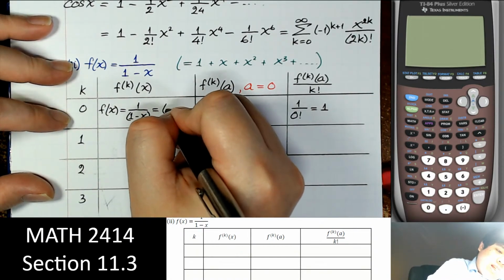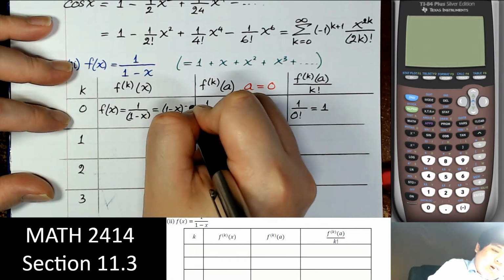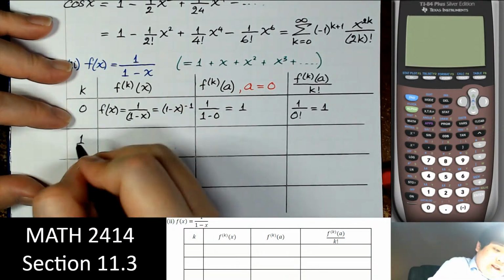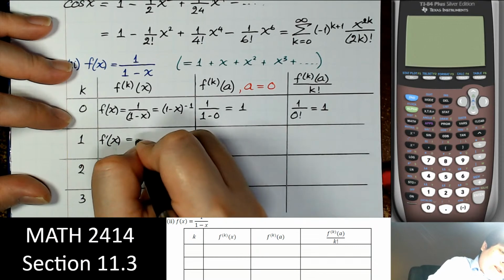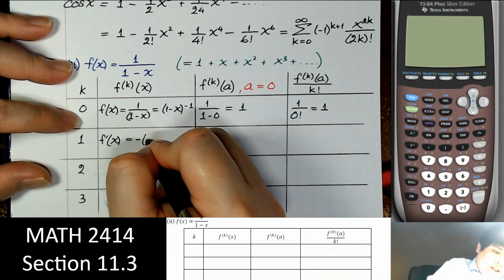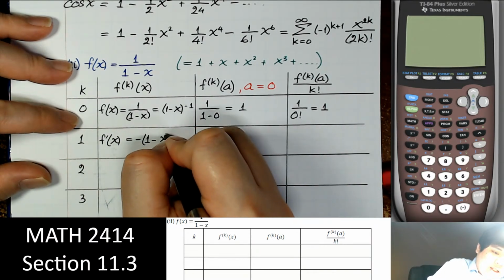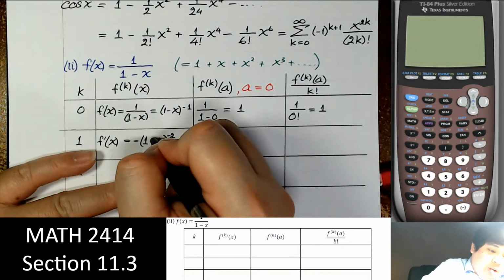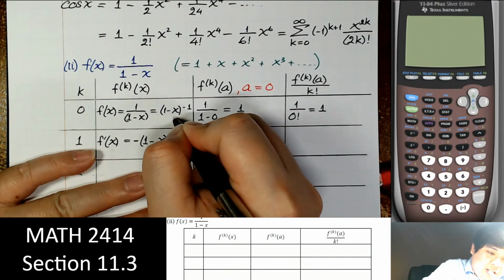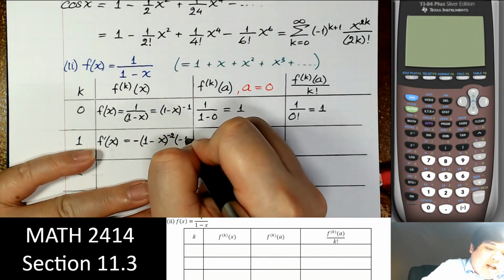I will write this as 1 minus x to the negative 1. So the derivative of that is negative 1 minus x to negative 2, and then the derivative of the parentheses is negative 1.